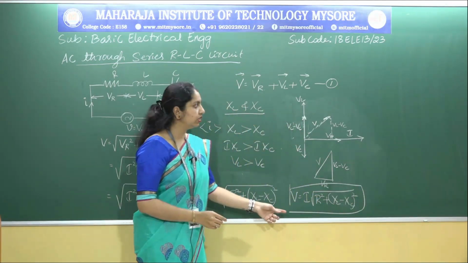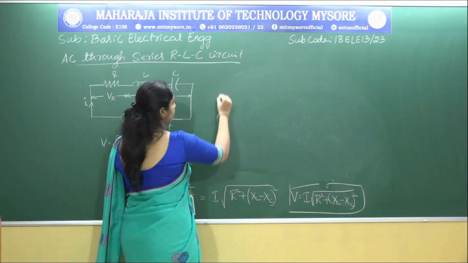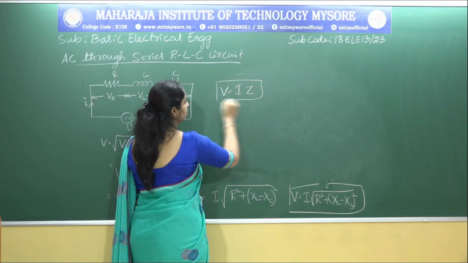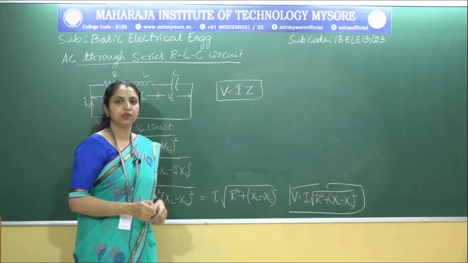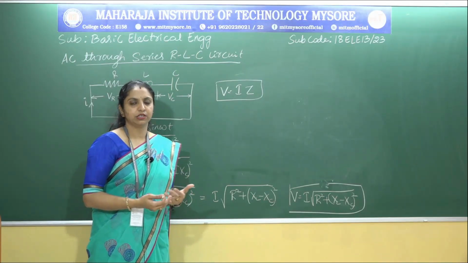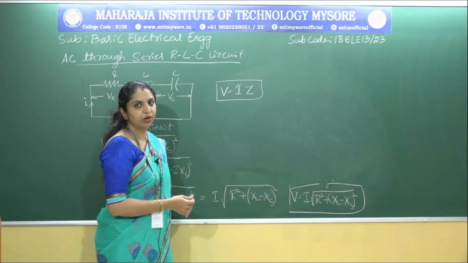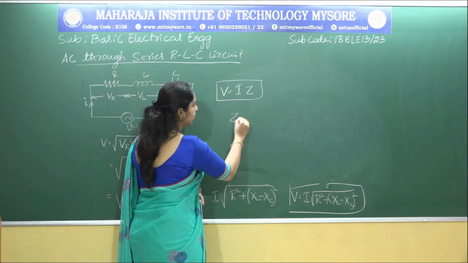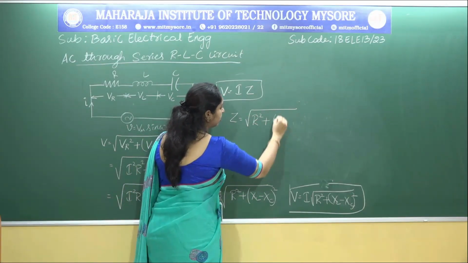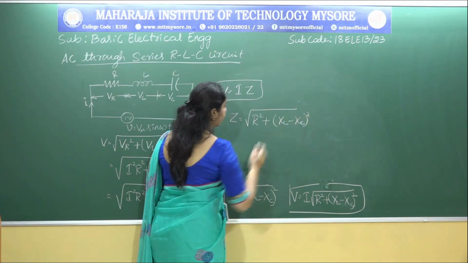So we can write V is equal to I into Z. This is what we derived in the previous concept, AC through series combination of RL circuit and RC circuit. So V is equal to I into Z, where Z is equal to the square root of R square plus XL minus XC whole square.